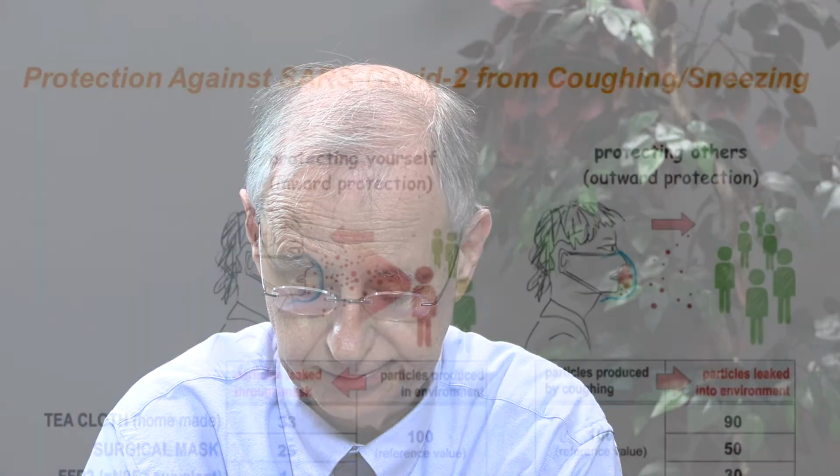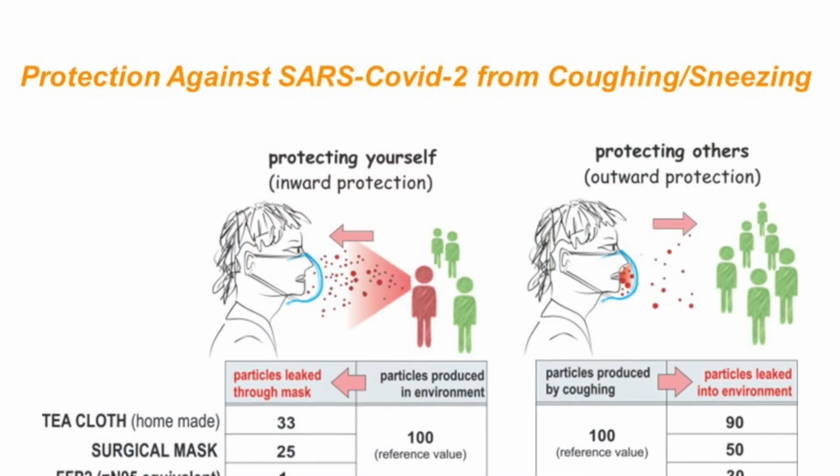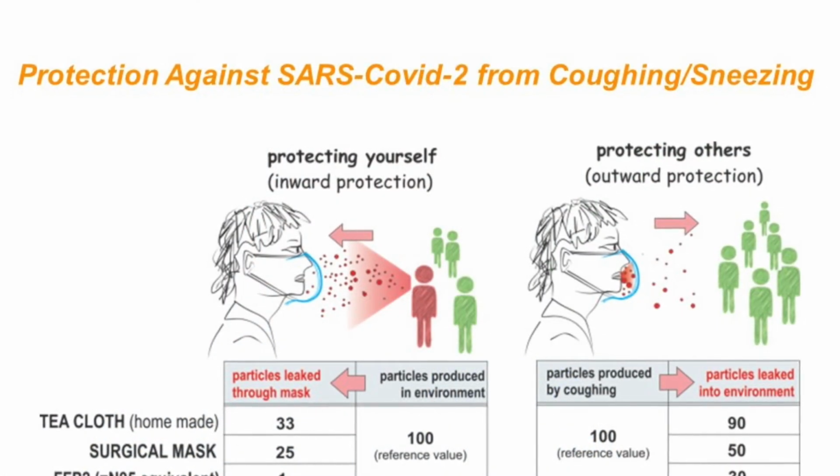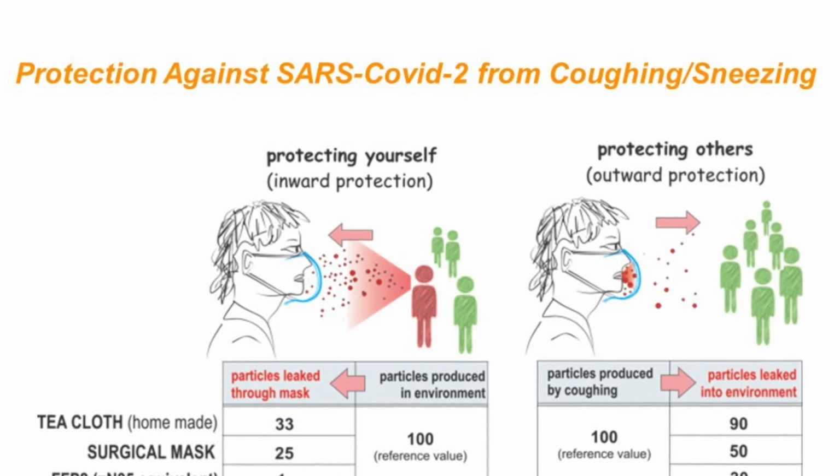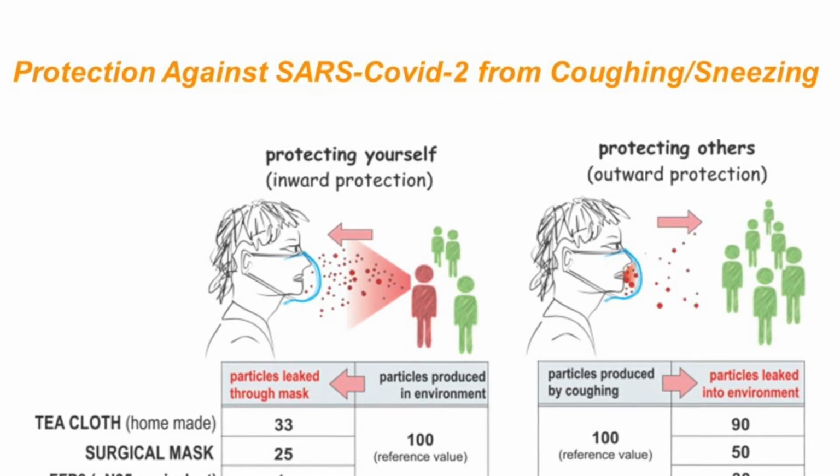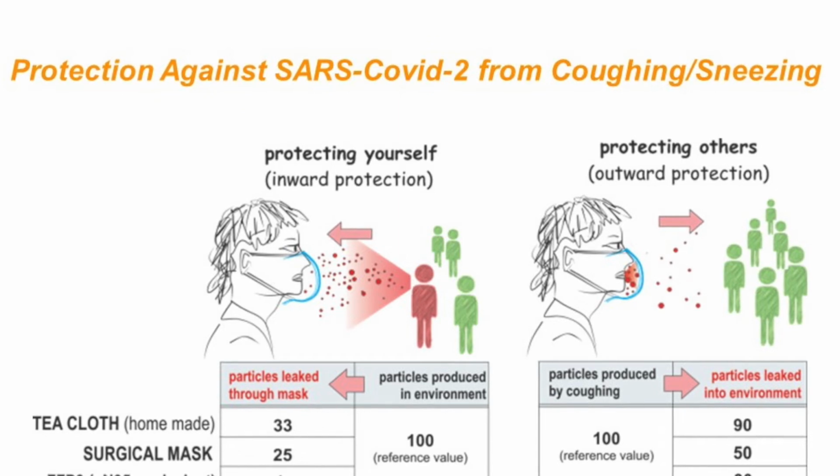So Dr. Huang, in the next slide, shows how much protection these various types of masks offer to the person in terms of not releasing the infected particles, as well as how much of a risk they pose to other individuals as the particles leak through the mask.